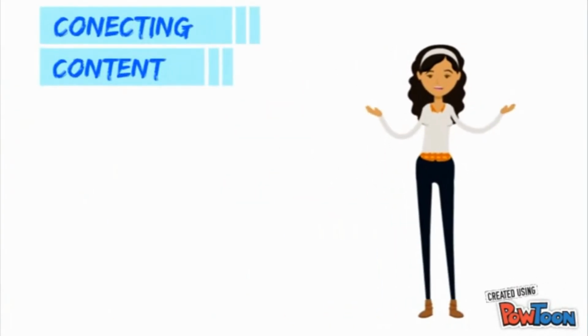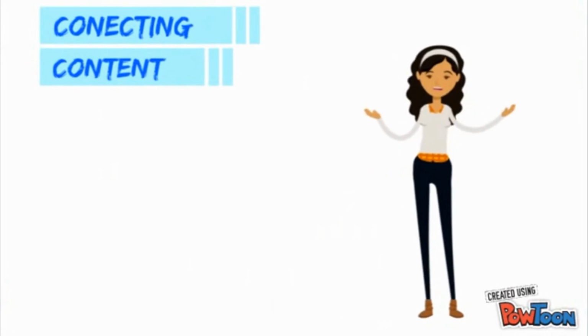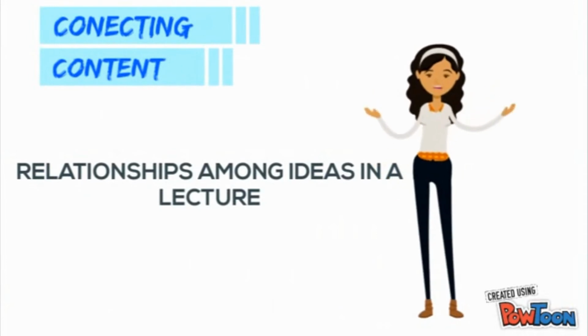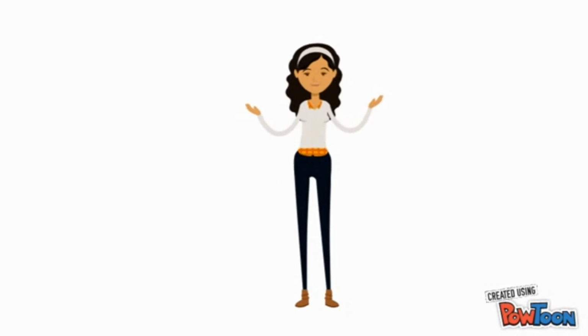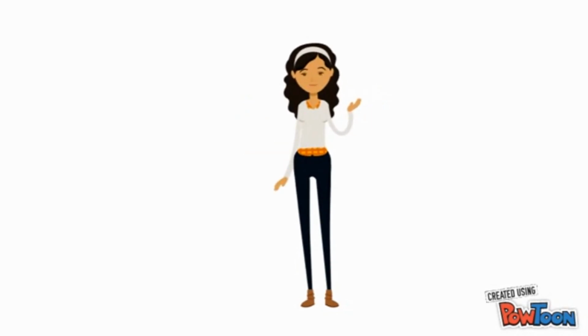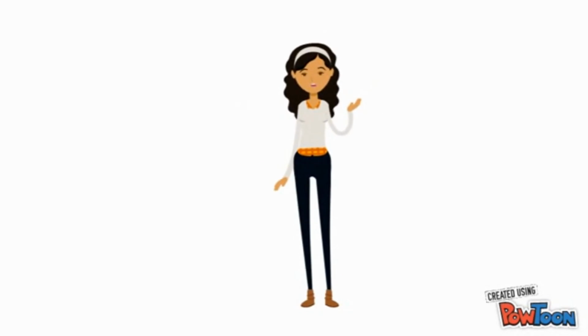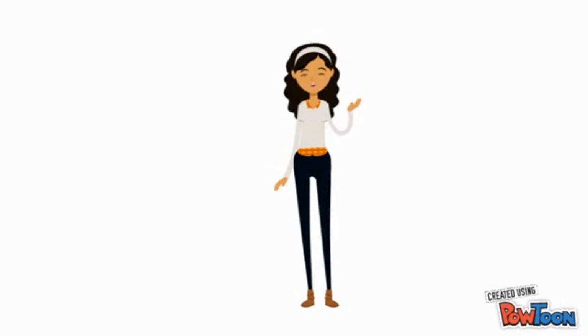The next type is connecting content. This kind of question asks you to show understanding of the relationships among ideas in a lecture. Connecting content questions may require you to fill in a chart or table. Also, you will be asked to put together information from different parts of the conversation or lecture.